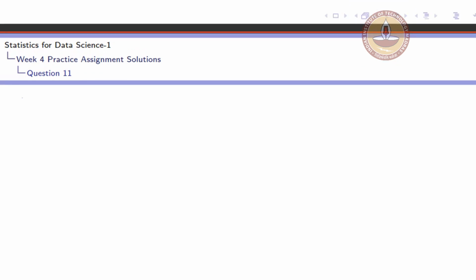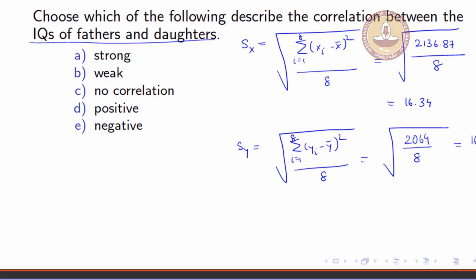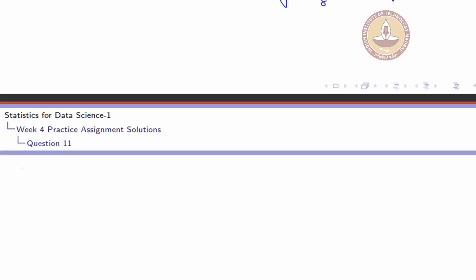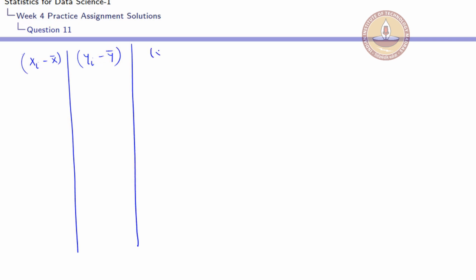In order to find the covariance, we need to find the product of deviation. So let's quickly write the columns xi minus x bar, yi minus y bar, and their product.